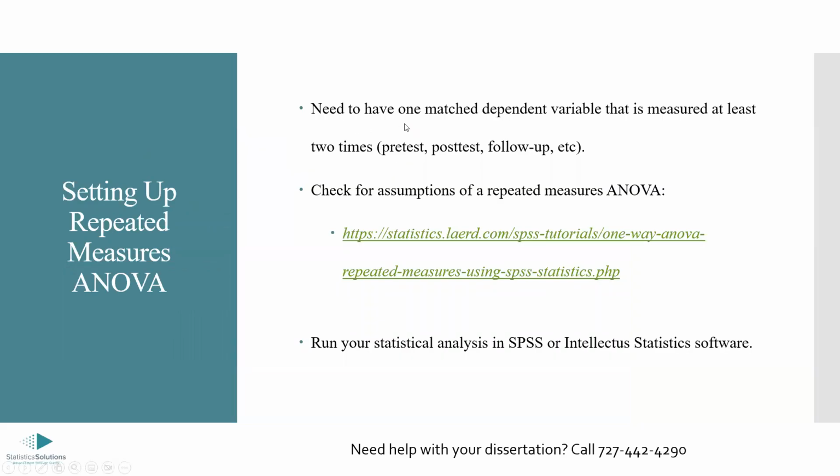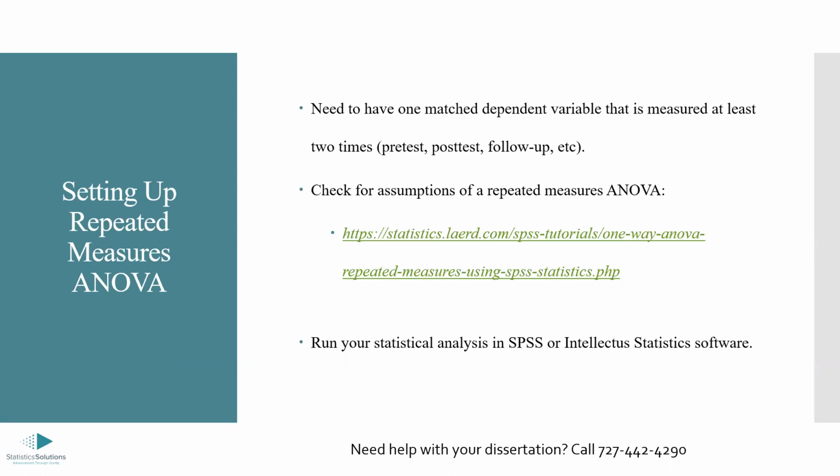To set this up, you need to have one matched dependent variable that is measured at least 2 times. So pre-test, post-test, follow-up. The important idea behind this is that you are bringing back the same people who did the baseline or pre-test. So you need to match your participants, whether that's done with an ID, a numeric value, or you're using email addresses maybe.